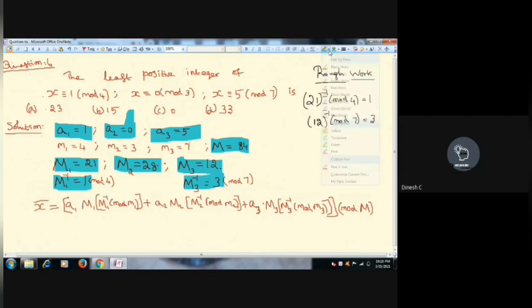Now apply all these values in this equation. X bar equal to 1 into 21 into 1 plus A2 value is 0, and A3 is 5 into M3, M3 is 12, M3 inverse is 3, so mod 84.